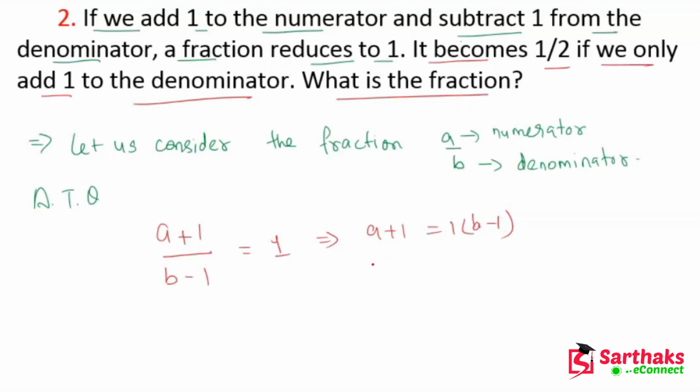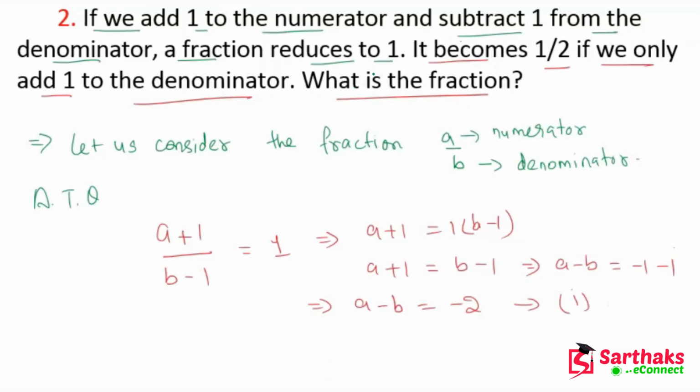So a plus 1 is equals to b minus 1. After solving this, a minus b is equals to minus 1 minus 1. So we have a minus b is equals to minus 2. This is our first equation.